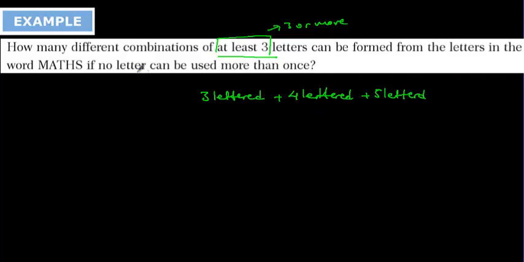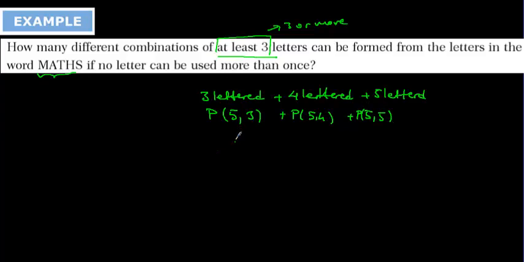In the word maths we have 5 letters. So from 5 we are going to select 3 of them and arrange them: permutation 5 with 3. Then from 5 again we are going to select 4 of them, and from 5 we are going to select all of them, so permutation 5 with 5.